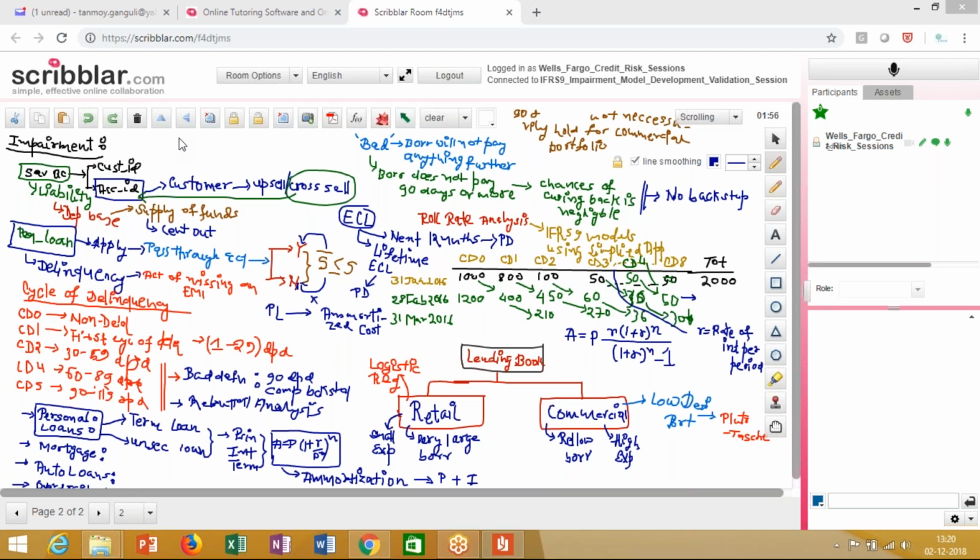That is where IFRS 9 brings in the concept of staging. IFRS 9 says that you need to appropriately stage your accounts. This is called the staging analysis.